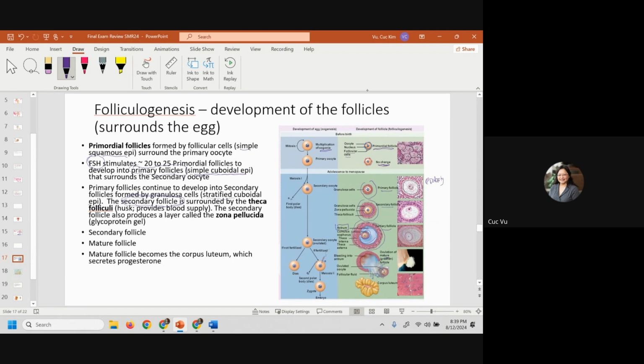You'll find the antrum, and that's the fluid-filled space, among other structures like the sulca folliculi and the zona pellucida.